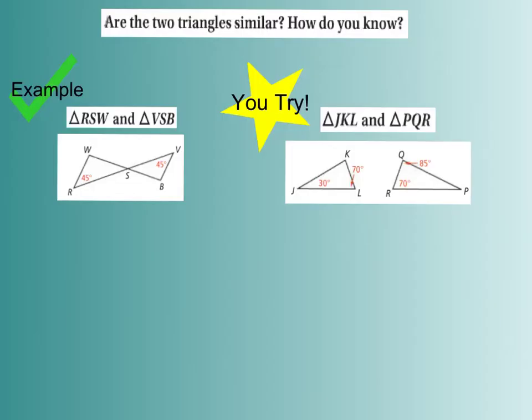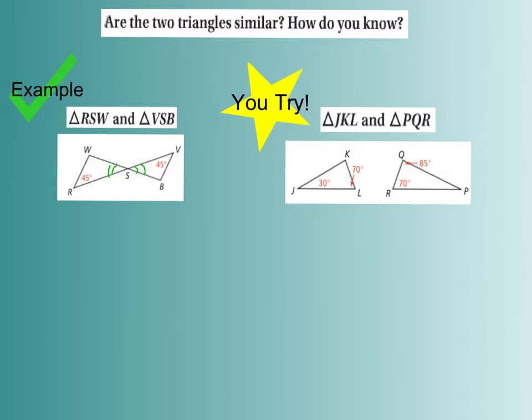So if I look at these examples here, I'm going to do the first one for you. The question says, are the two triangles similar and how do you know? So looking at this picture, I see that they've given me the fact that R and V are congruent angles. But because we are so smart, we also know that angle S, namely WSR and VSB, are also congruent angles because they are vertical angles.